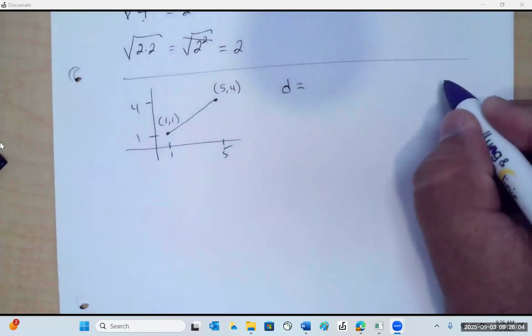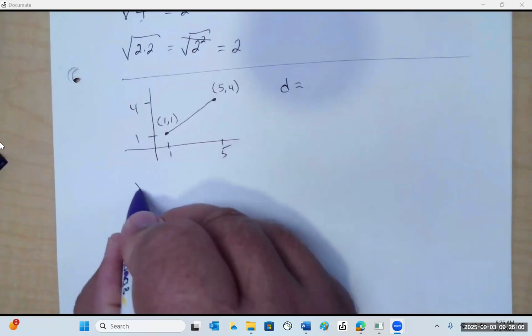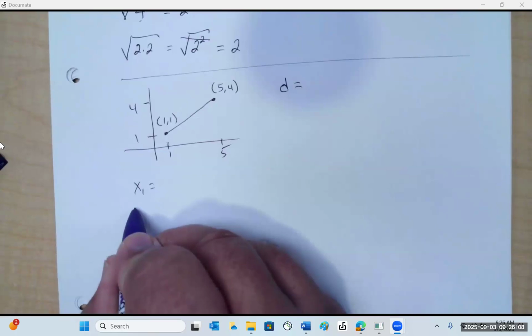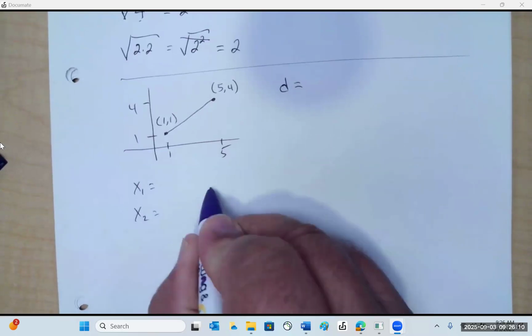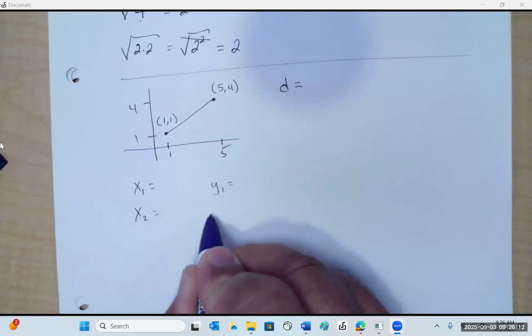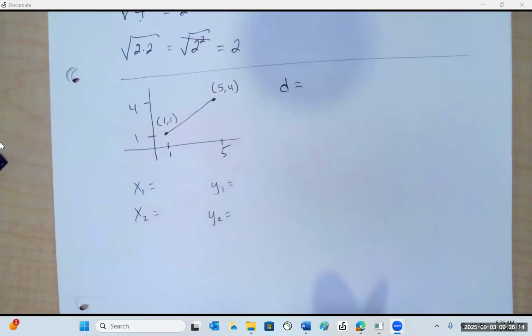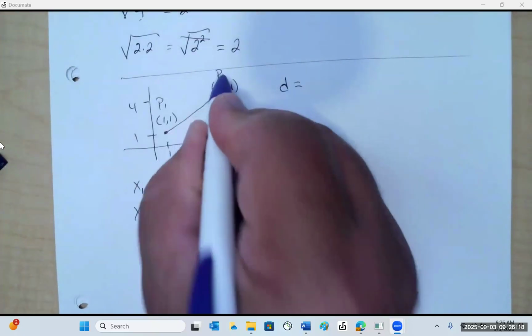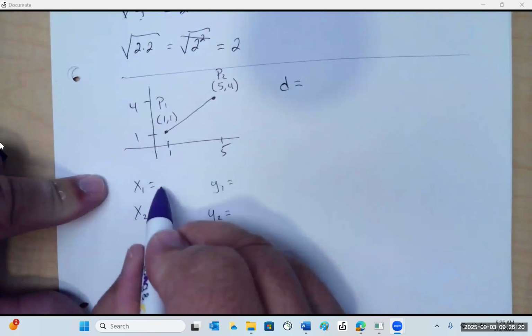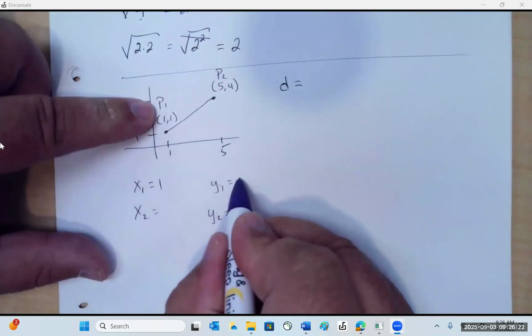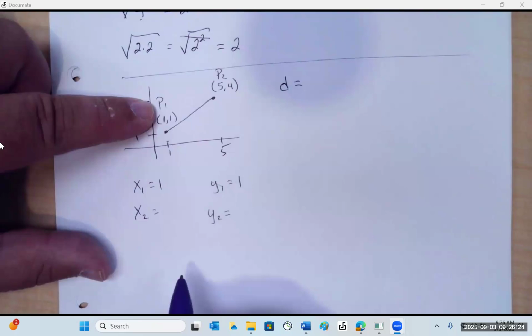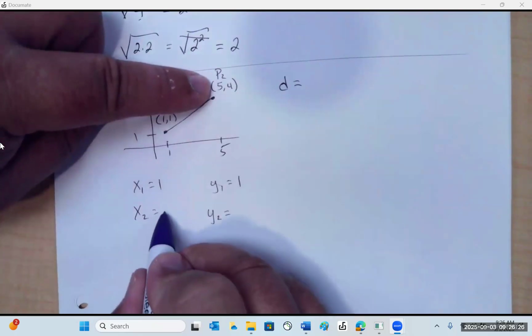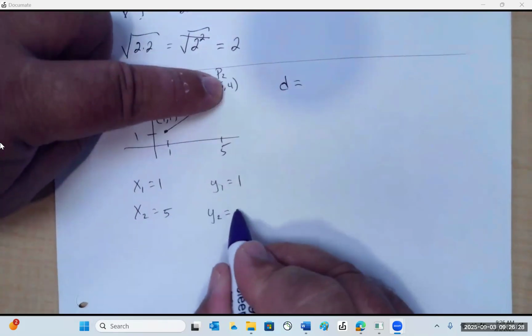So the first thing we have to do is label our points. X1, X2, Y1, Y2. So this is point 1 and this is point 2. So X1 is 1. Y1 is 1. X2 is 5. Y2 is 4.